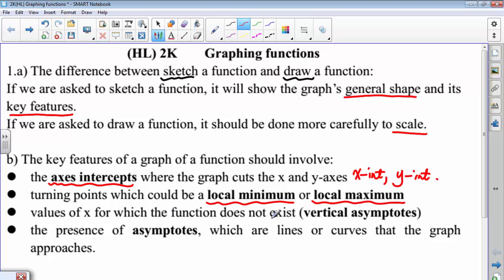Those x values are undefined values. The undefined values also produce the vertical asymptotes. The last one we need to look for are the asymptotes, including vertical asymptotes and the horizontal asymptotes, which are lines or curves that the graph approaches.